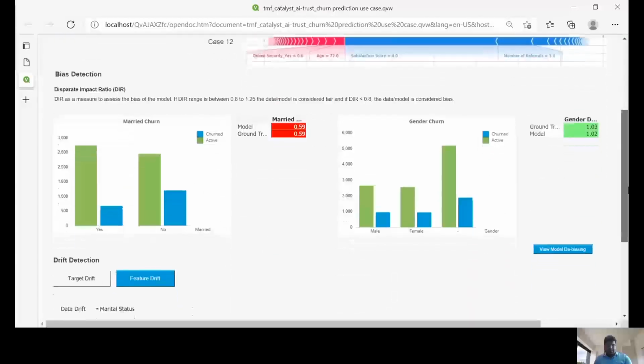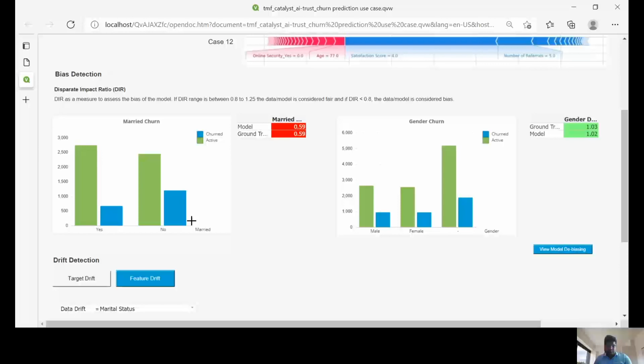We have also looked at the bias with respect to all the variables, and what this is telling me is that there is a bias with the marital status of the customers. Basically, it is telling me that the model is more biased towards the unmarried customers.